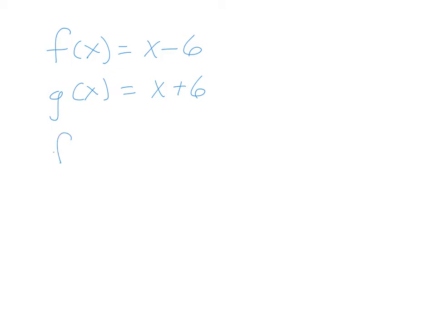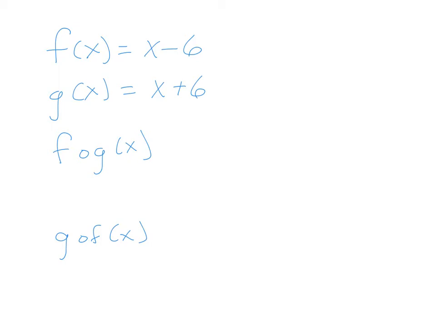So now we're going to look at how to tell when two functions are inverses of each other, or if they're not, for that matter. Let's come up with one function. Let's call it f of x equals x minus 6, and let's come up with another function, g of x equals x plus 6, and let's see if these are inverses of each other. In order to tell if they're inverses of each other, we run through the composition of f composed with g of x, and we'll have to do the reverse of that as well, g composed with f of x.